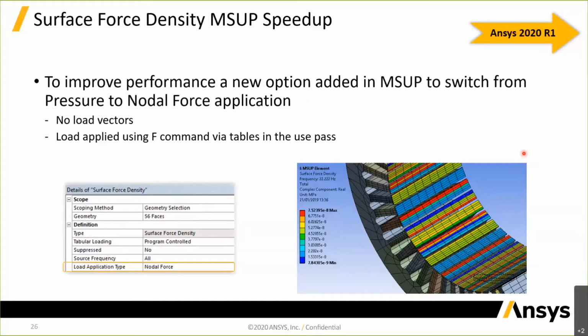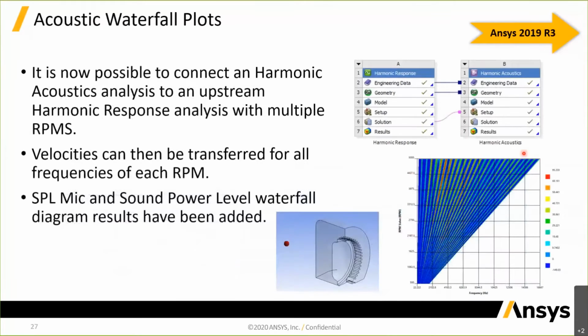And so then to go beyond what I was describing, the equivalent radiated power waterfall diagram, if we want to put a microphone at a specific point and calculate the sound pressure level at that microphone, then we can always do a harmonic acoustic analysis and do the same thing.